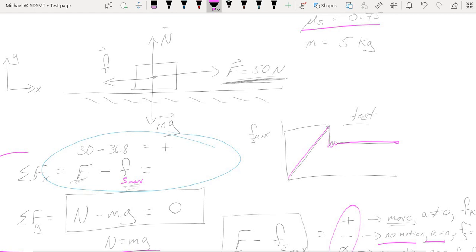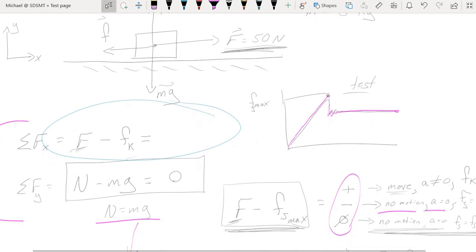It starts to move to the right. And once it starts moving, we need to switch over to kinetic friction. So the test is over. We have answered the question, does it move? Yes, it does.